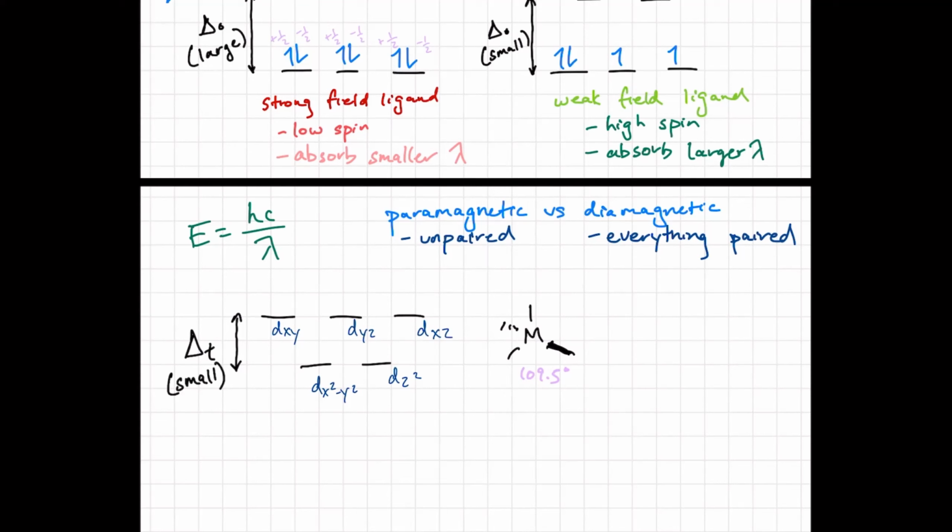And so comes the fact from her notes, tetrahedral is always high spin. Right? Because we said if the energy gap is small, it's high spin. So if you were to fill out your electrons here, you would go 1, 2, and then you can jump up.